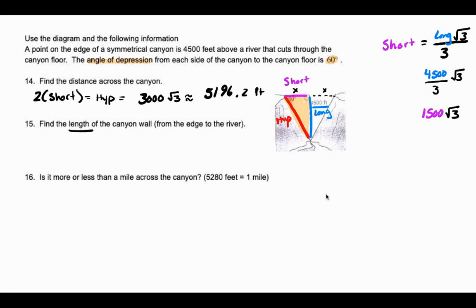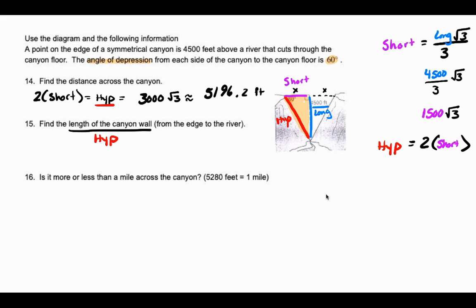Our length of the canyon wall is the hypotenuse. And notice that I mentioned before that our distance across the canyon was 2 short legs, which is the same thing as our hypotenuse. The hypotenuse is always equal to 2 times the short leg.